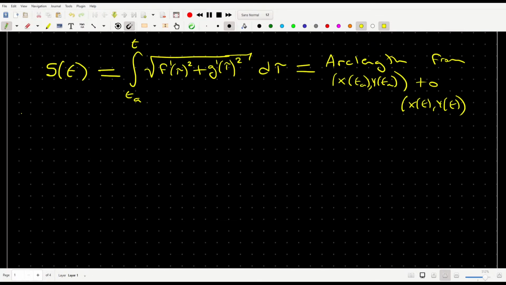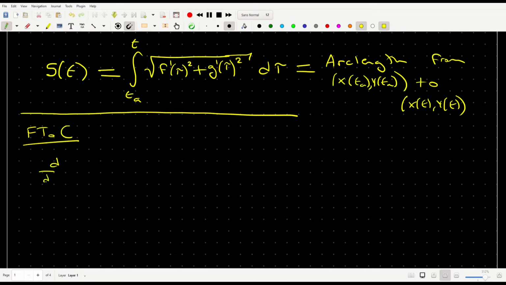So you'll recall from the fundamental theorem of calculus that the t derivative of the integral from some ta to t of any continuous function, we'll call it h of xi d xi.